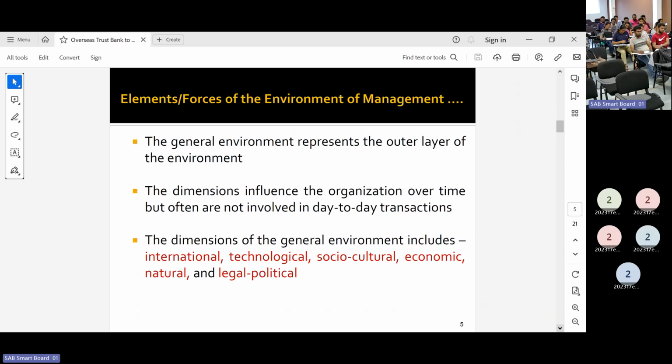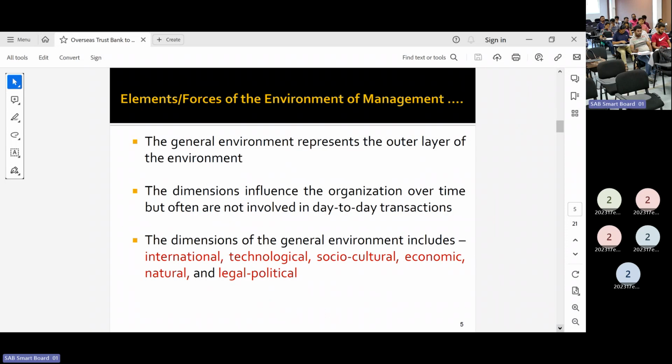Then as I said before, I am asking you to correct, no? The three elements given in the previous session at the top of the previous handout. These six elements can be used similarly as the key dimensions of the general environment or external environment.